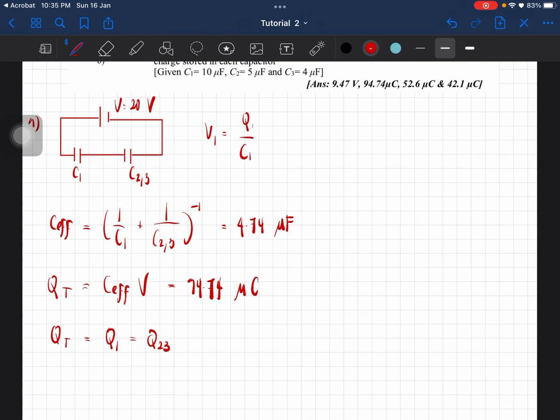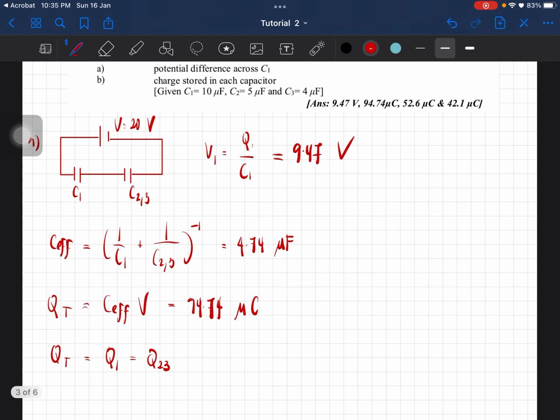So from here we just substitute the value of Q1, which is equal to 94.74 microcoulomb. Then you should get the potential difference to be equal to 9.47 volt. Okay, I hope that's not too confusing.